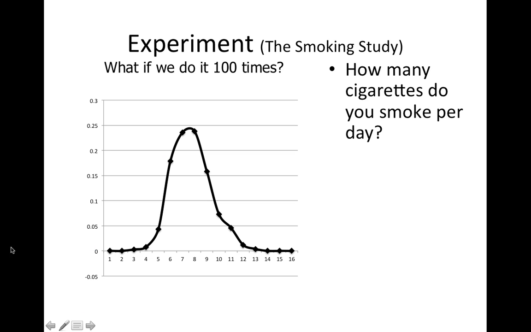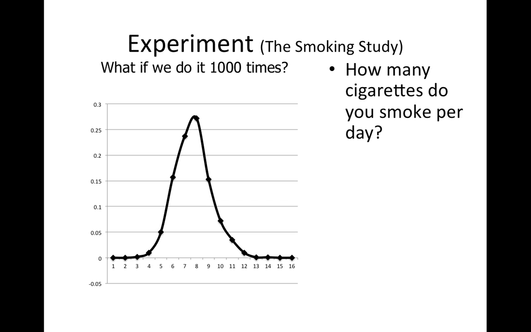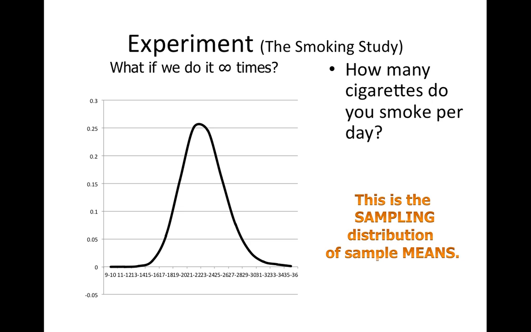If we do it 100 times, these are the relative frequencies of a particular mean of sig day. If we do it 1,000 times, this is what we get. If we do it an infinite number of times, or a large number of times, and it's probably not infinite, we wind up with this.